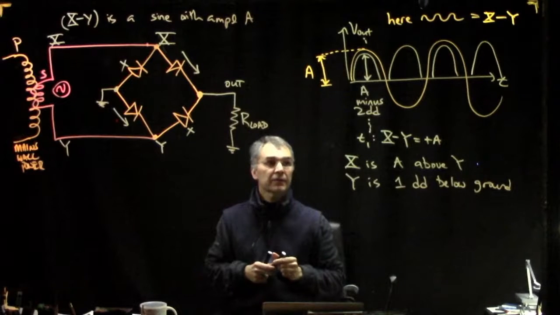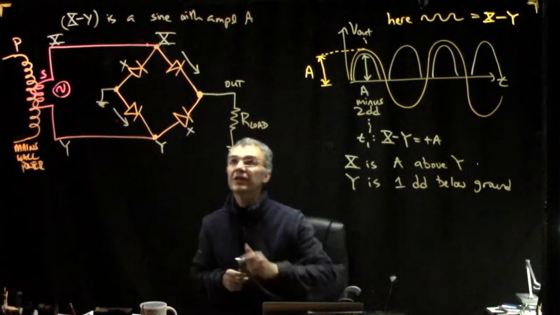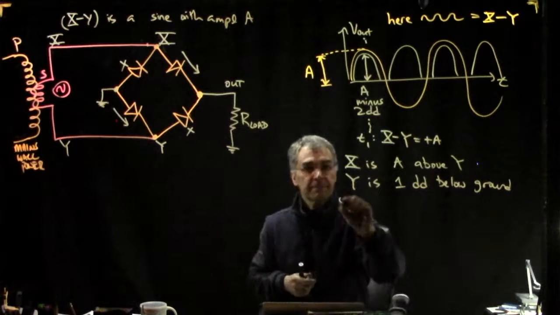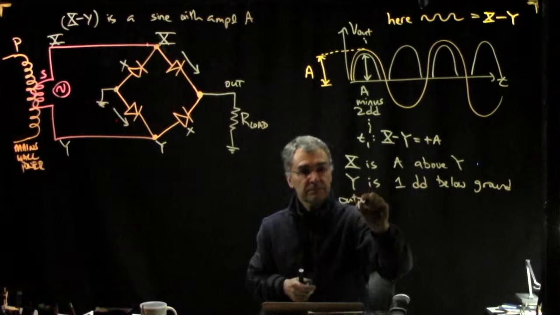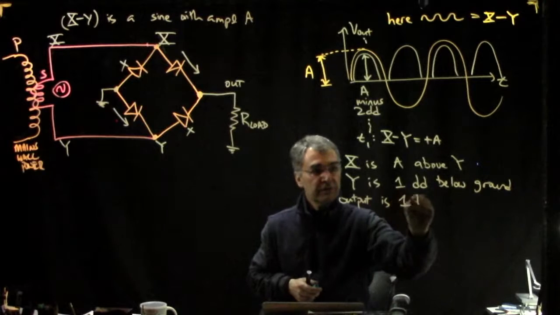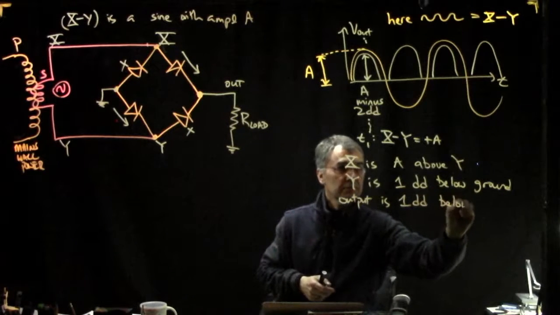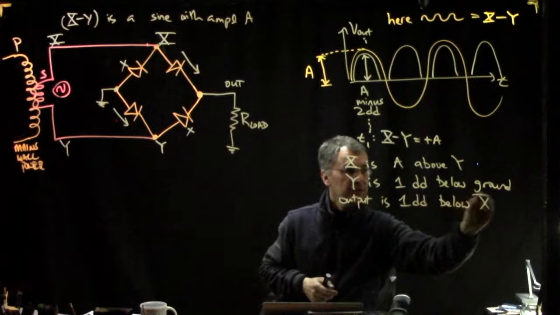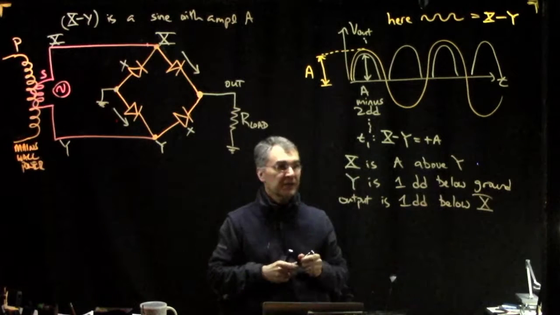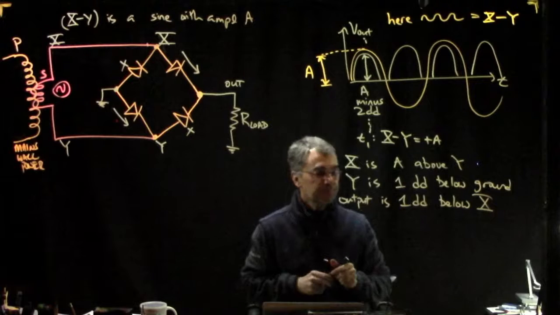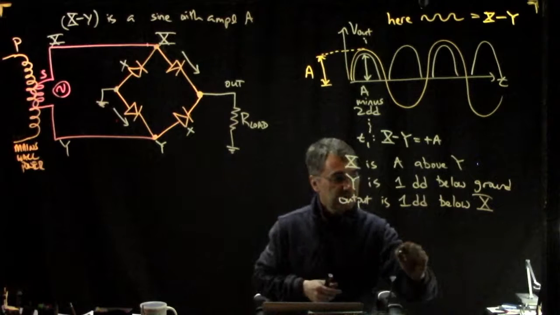And then what does that imply? Well, actually, then you also see that the output is one diode drop below X. So when you think about that, here's ground.